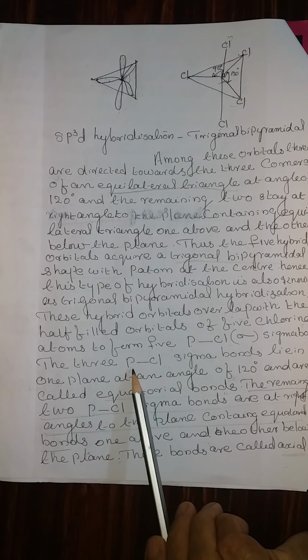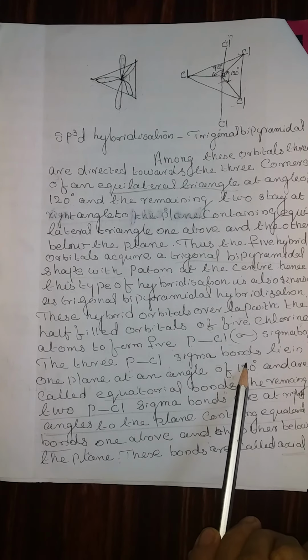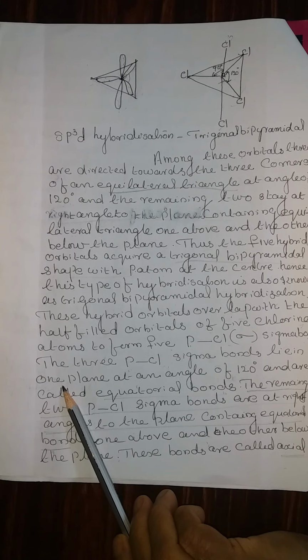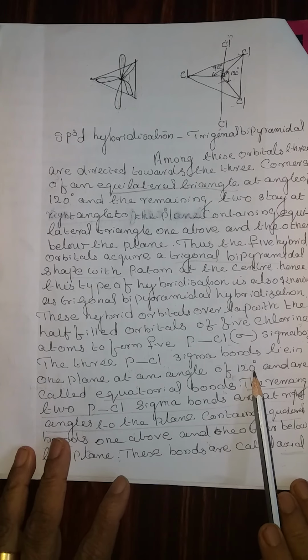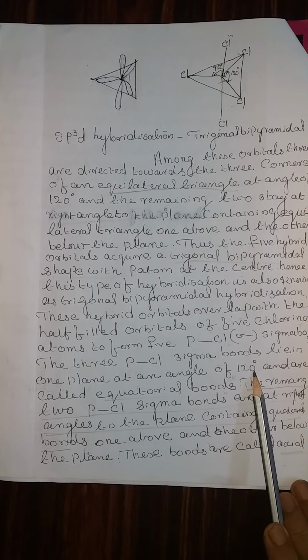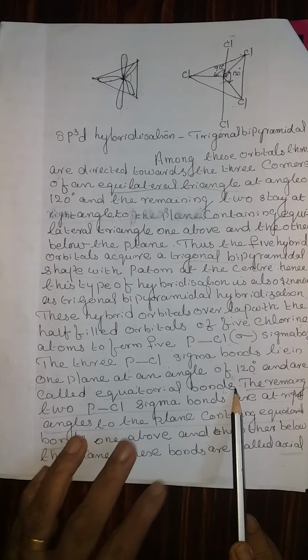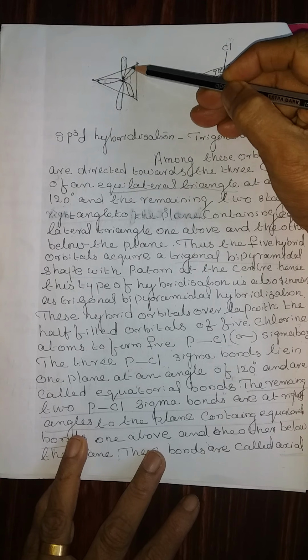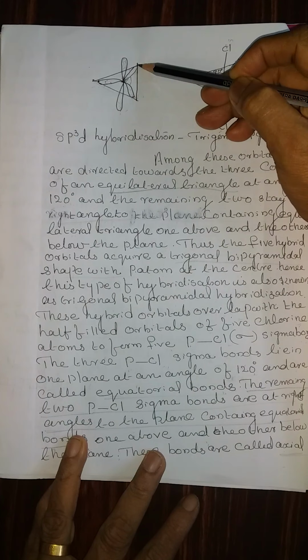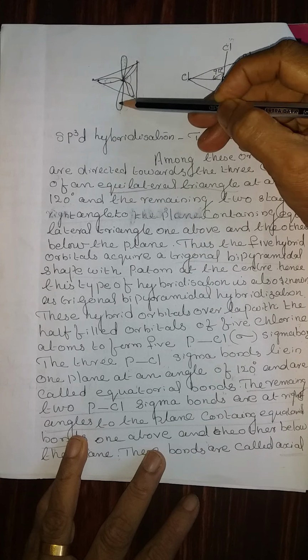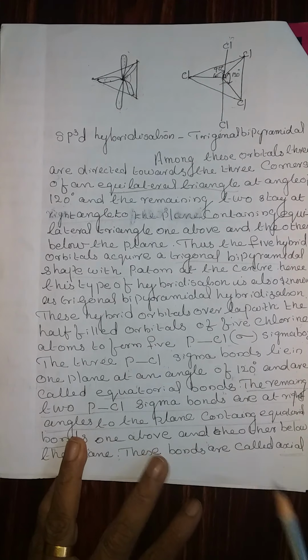The 3 phosphorus-chlorine sigma bonds lie in one plane at an angle of 120 degrees and are called equatorial bonds. That is, I said 1, 2, 3 are called equatorial bonds. These 1 and 2 are known as axial bonds.